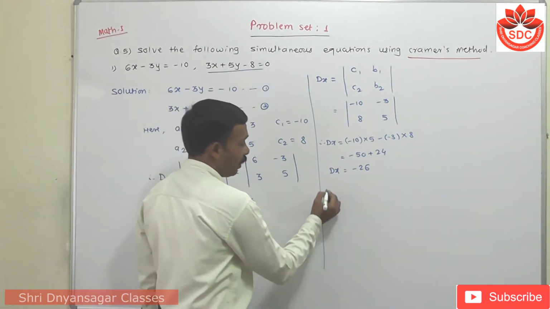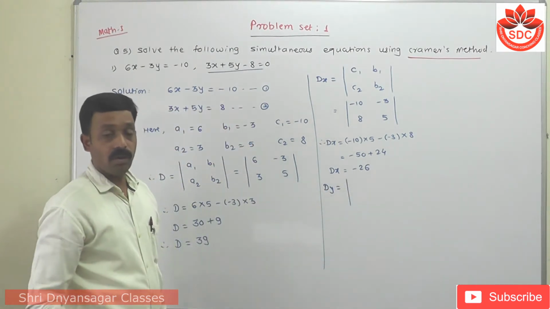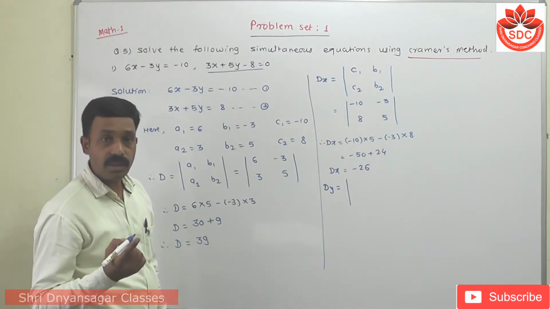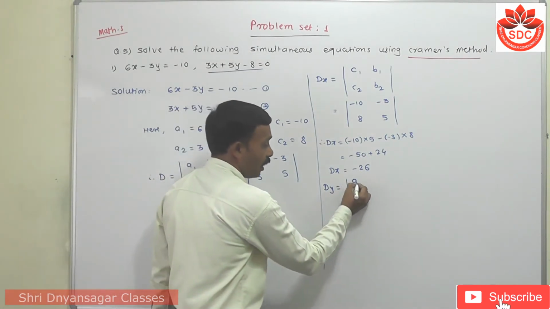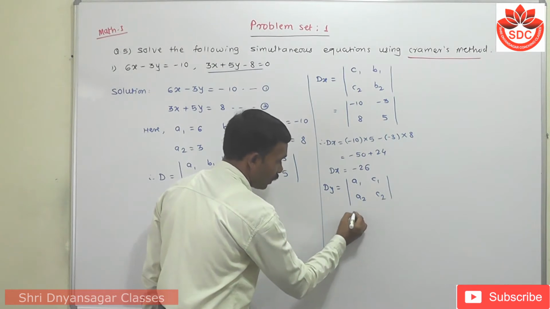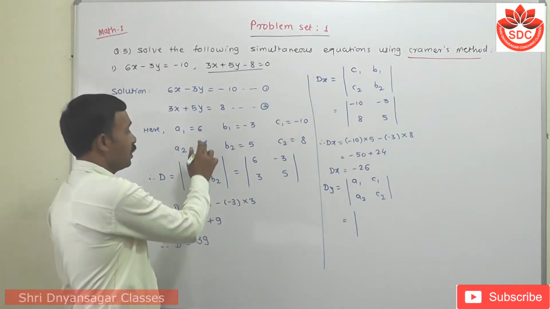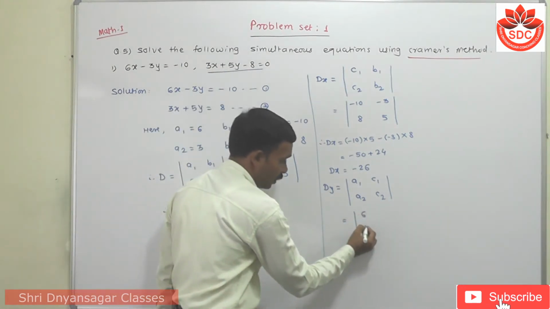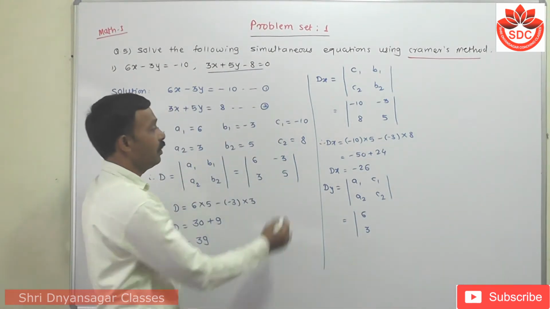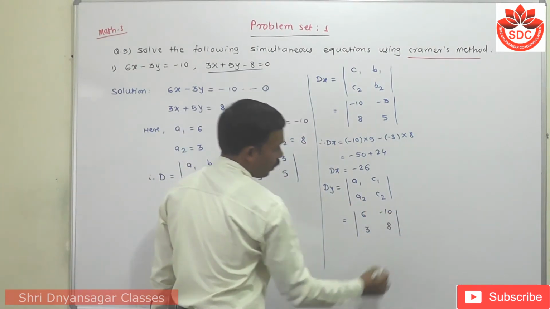Now we find out the value of determinant of y. By using the rule, you have to replace b1, b2 by c1, c2. Then here a1, a2, then c1, c2. Then substitute the values here. Now value of a1, a2 is 6 and 3. Then c1, c2 is minus 10, 8. Okay.